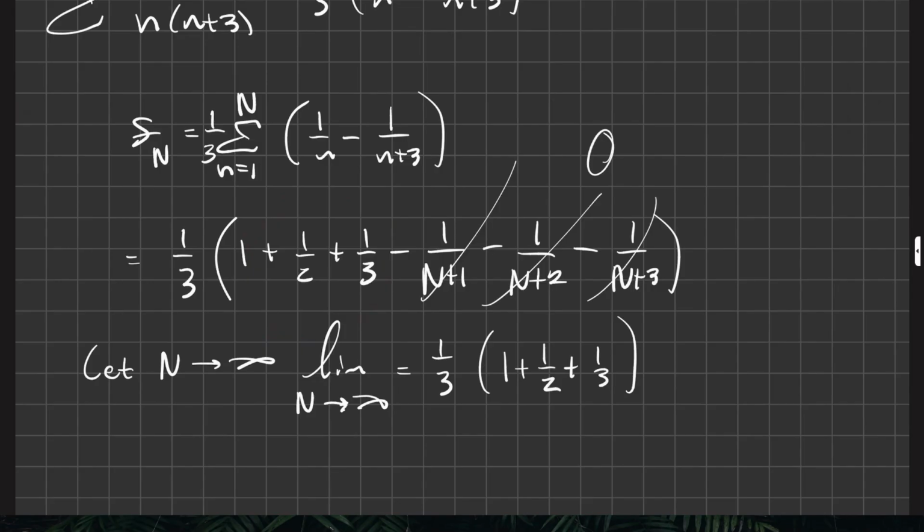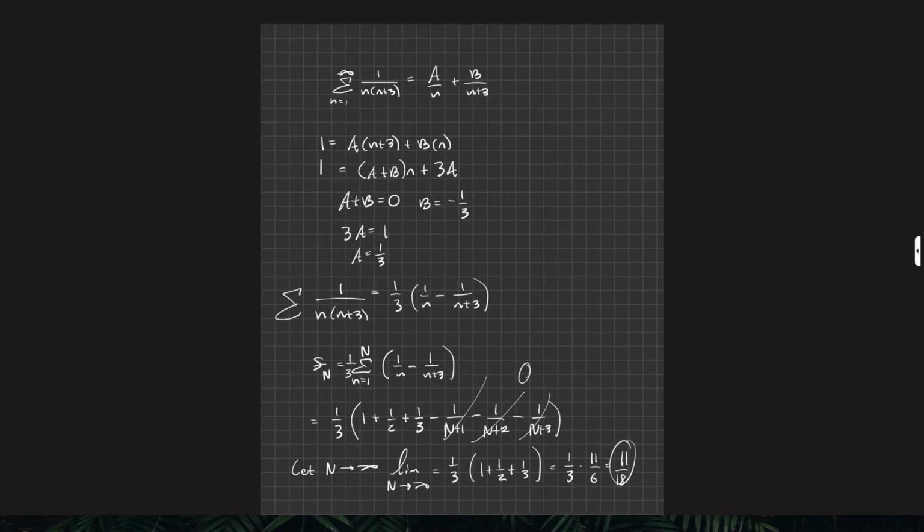And this would be 1/3 plus 1/6 plus 1/9. So this would be like 1/3 times 11 over 6. So 11 over 18. And so that's the sum of our telescoping series. So it's the same idea as that one that we did in our quiz earlier, but the cancellation is a little different. But that's the sum for that.